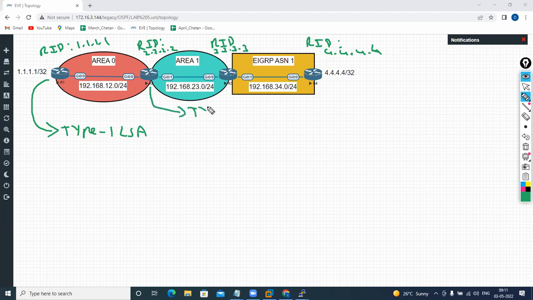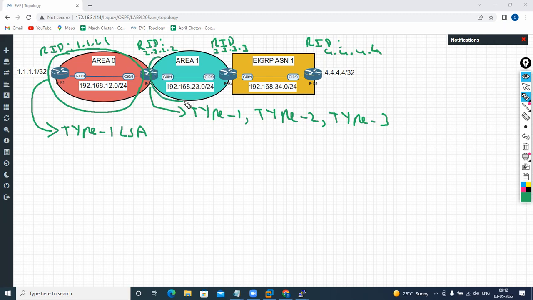R2 will originate type 1 LSA, type 2 because it's a DR, and type 3 as well because it's an ABR. He's not the DR on every segment. Per segment, I told you. Per segment means here there will be one DR and BDR election, and this segment will have another DR and BDR election. So only the DR will originate type 2, not the BDR.